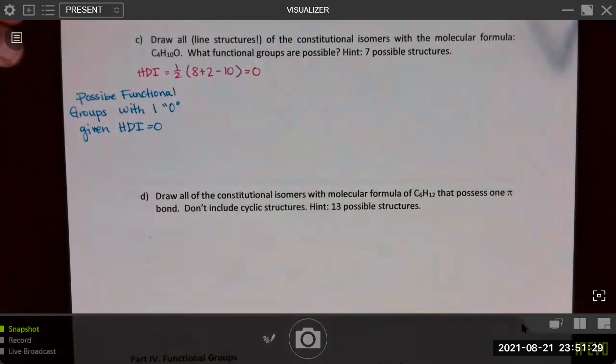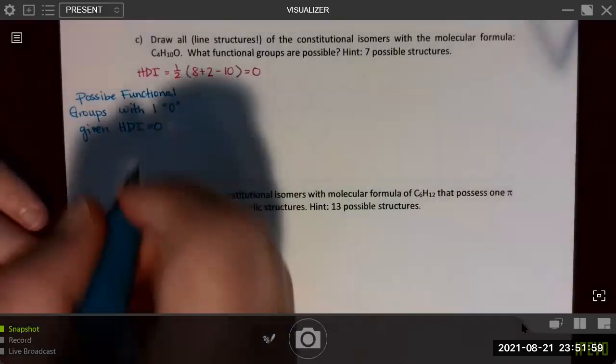So if the HDI was 1, there would be a lot more possibilities, because then all the functional groups that include a carbonyl would potentially be possible, except for the ones that include more than 1 oxygen, like an ester. But we have an HDI of 0, so that means no pi bonds. So there's actually only 2 functional groups that don't contain a pi bond that do contain 1 oxygen.